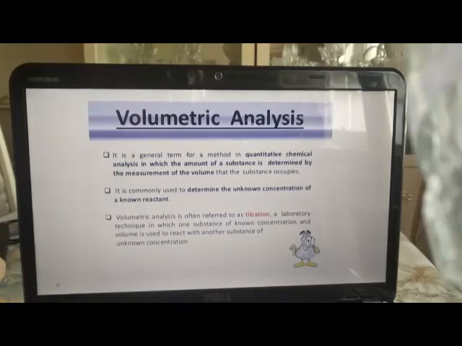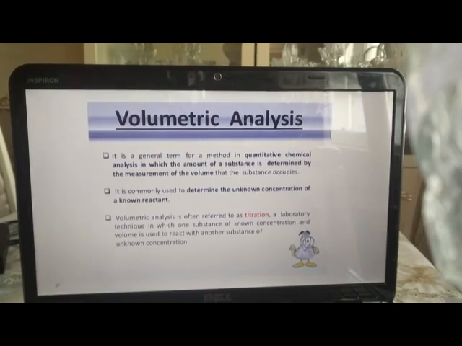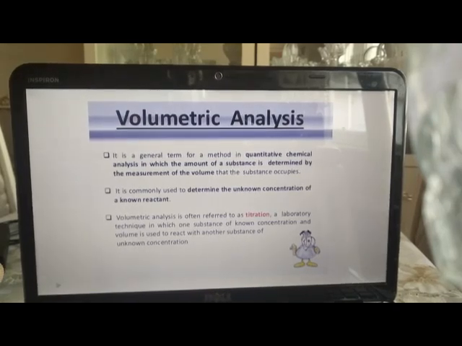Volumetric analysis, as we said before, is a general term for the method in quantitative chemical analysis in which the amount of substance is determined by the measurement of the volume that the substance occupies. It is commonly used to determine the unknown concentration of a known reactant. Volumetric analysis is often referred to as titration, a laboratory technique in which one substance of known concentration and volume is used to react with another substance of unknown concentration.